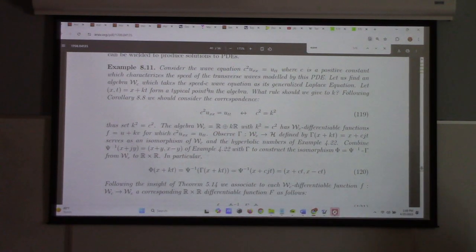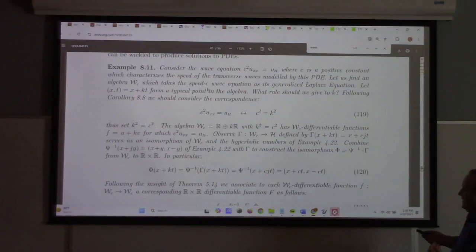Well, anyway. So here is the wave equation, right? c squared uxx is equal to utt. So if we want to solve the wave equation, one thing we can do is convert the differential equation to an algebra equation.